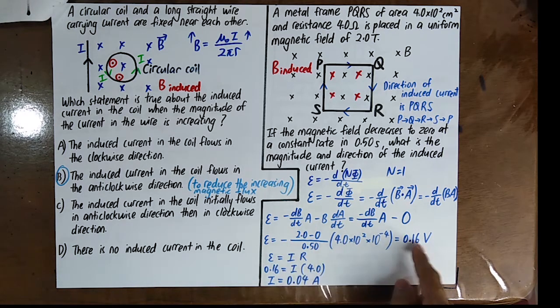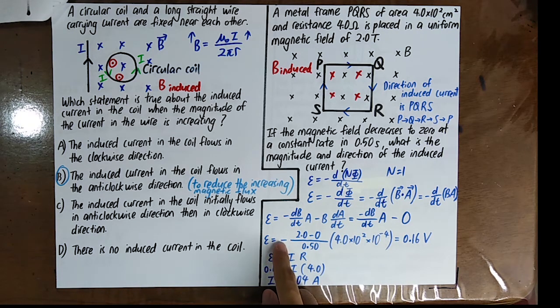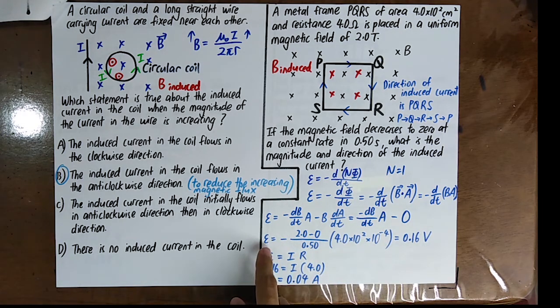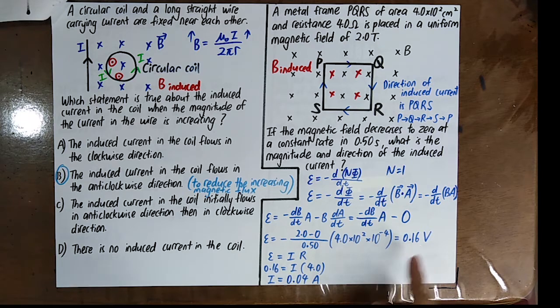And then you notice that we don't care about the negative sign here, because I just want to find out the magnitude of the induced EMF. And then induced EMF equal to induced current times the resistance, so you can get the value of the induced current.